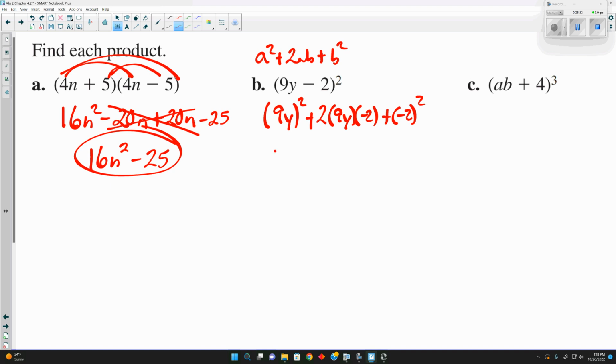Well, 9y squared is going to be 81y squared plus 2 times 9 is 18 times negative 2 is negative 36, and we have y. Negative 2 squared is 4.